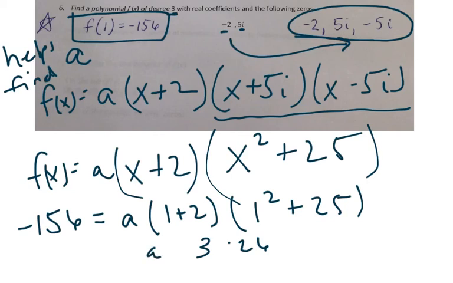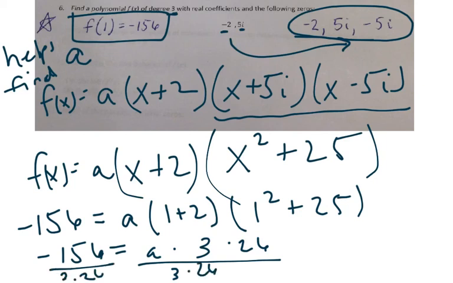So I get a times 3 times 26 equals negative 156. 3 times 26 is 78. If I take negative 156 and divide by 78, we get that a is equal to negative 2.